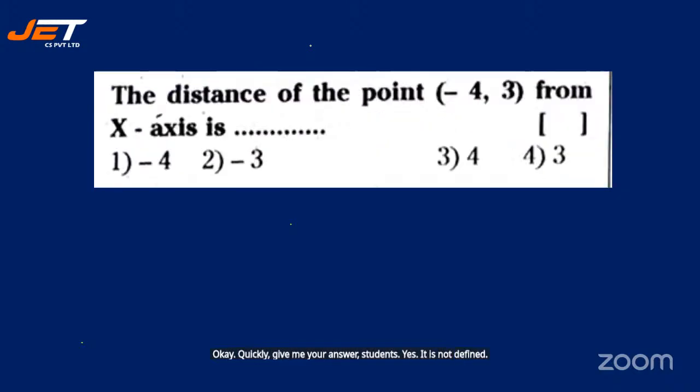Right. Now, the distance of the point minus 4 comma 3 from x-axis is dash.